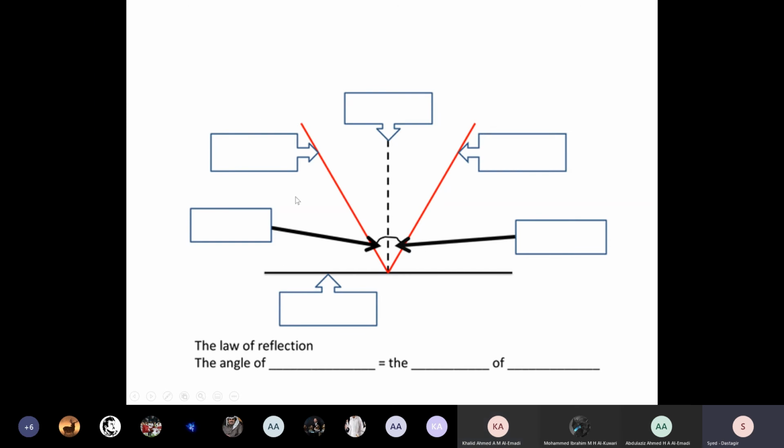Everybody should know what all of this is, so let's ask people. Everyone's gone quiet. I don't know why. Go on, let's start with Bilal. Bilal, what's this called? The angle of incidence. Thank you. And what's this called? This one here.